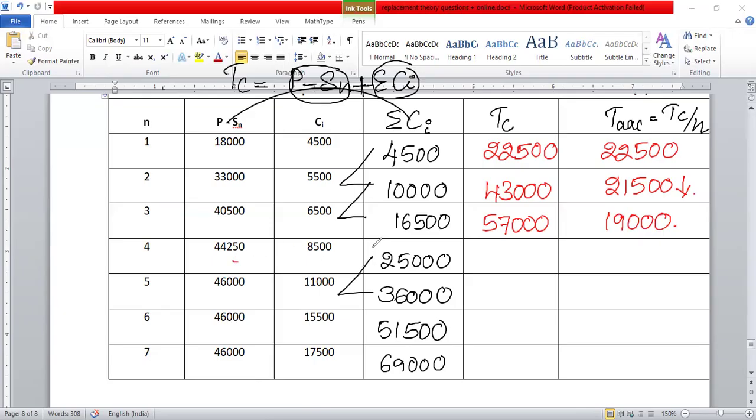Next, 44,250 plus 25,000, so 69,250, divided by 4 is 17,312.5. Okay, decreases.